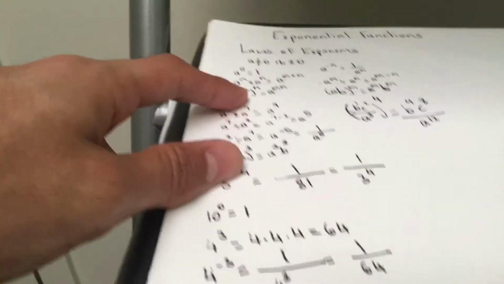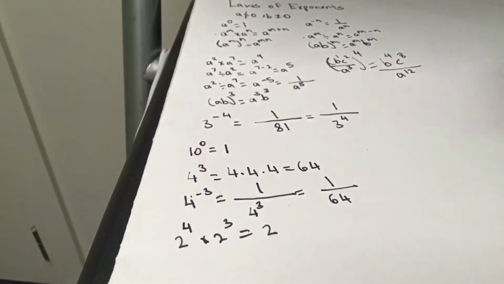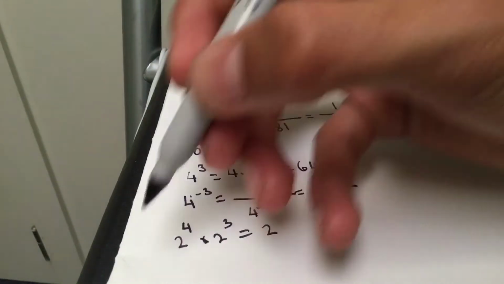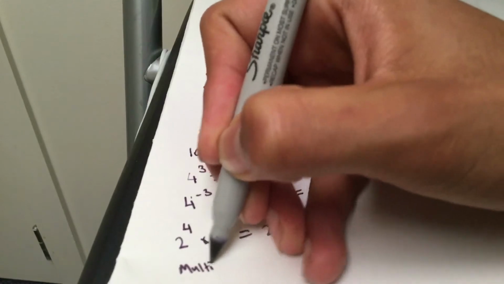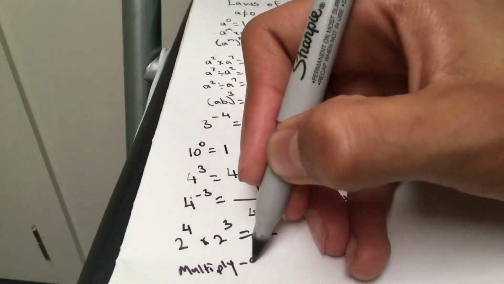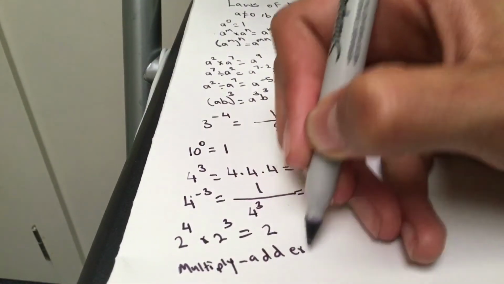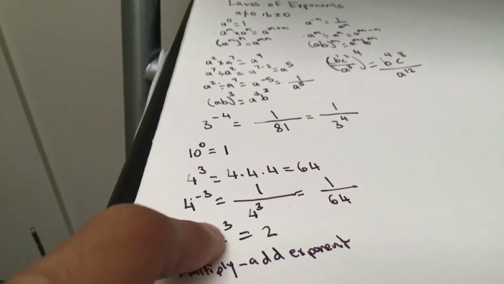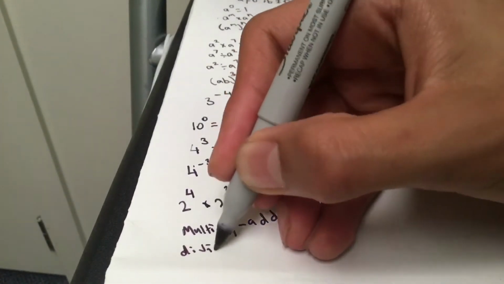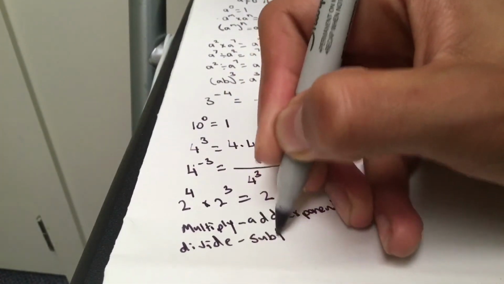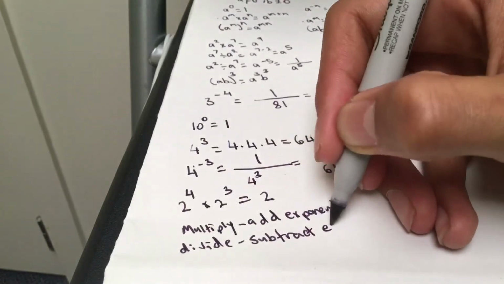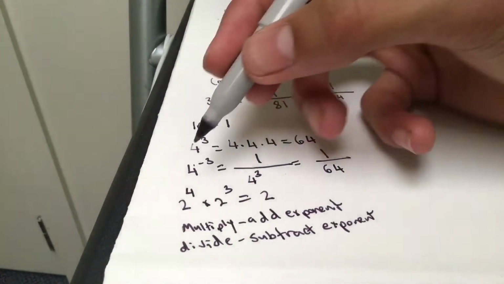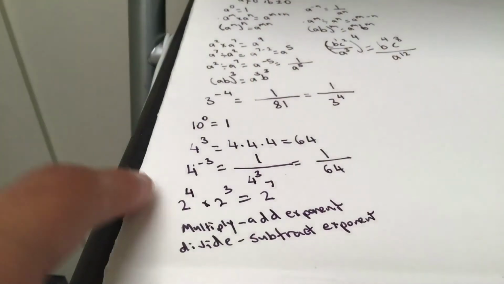So in this case, we're going to leave it as 2. The only thing we change is our exponents. So as it's a times, when you multiply, you add the exponents. And when it's divide, you subtract. Okay, so 4 plus 3, which is 7. So that is our answer.